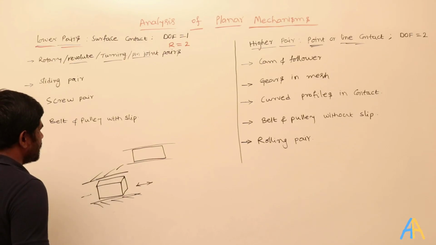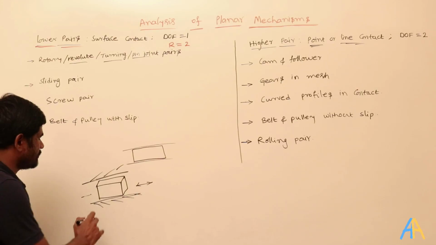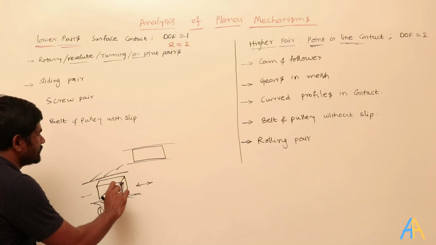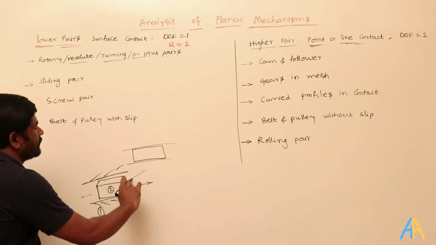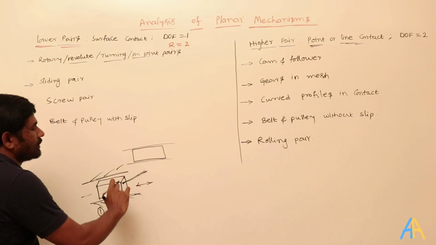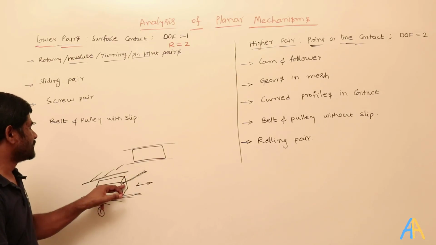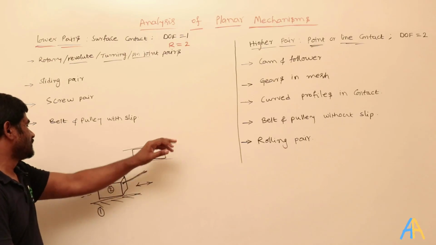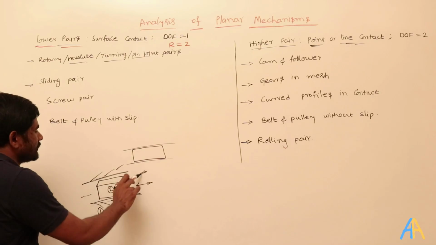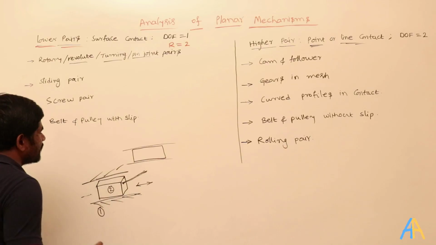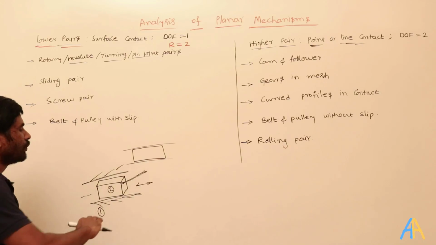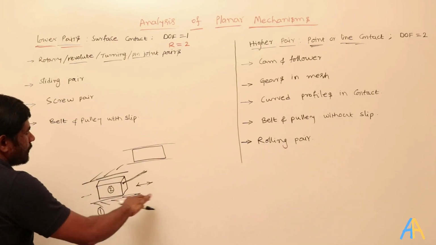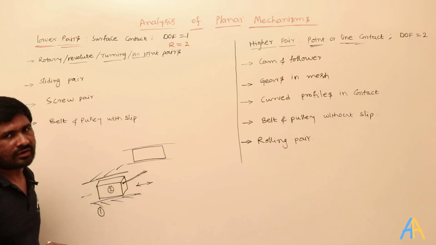So when it is only sliding, let's assume this is link 1 and this is link 2. Link 2 means I joined some link, whichever I want, to this. I welded this, then it can be extended wherever you want. So this everything is link 2, and how are link 1 and link 2 constrained here? These two are constrained only to going in the horizontal direction.